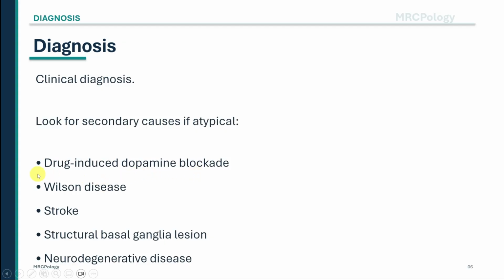Wilson disease is important in younger patients, especially if there are liver, psychiatric, or other neurological features. Stroke, structural basal ganglia lesions, and neurodegenerative disease should also be considered if the onset is sudden, progressive, or associated with other neurological signs.